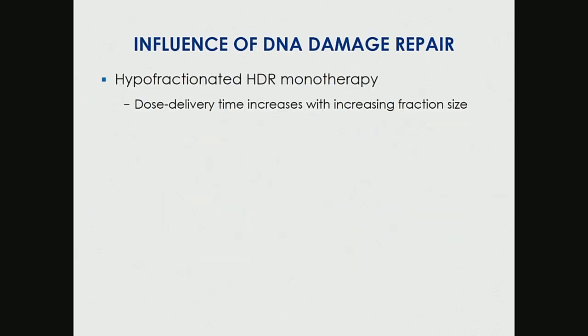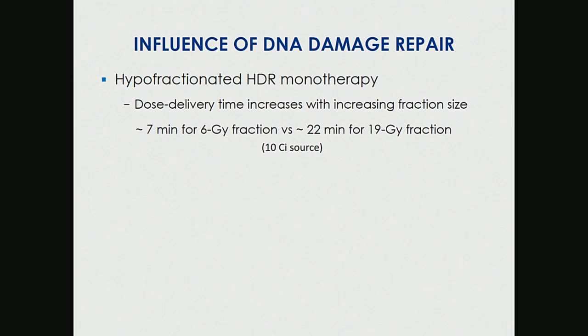Now, another issue is that for HDR treatment, if we are moving towards hyperfractionation or extreme hyperfractionation, the dose delivery time will increase. In the traditional 6 gray scenario, each fraction is delivered in about 7 minutes with a 10 curie source.